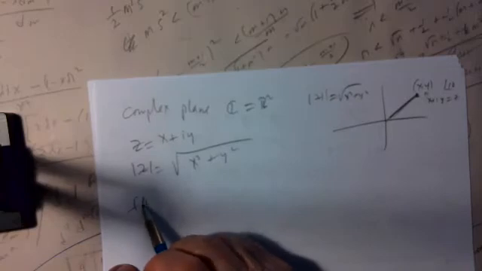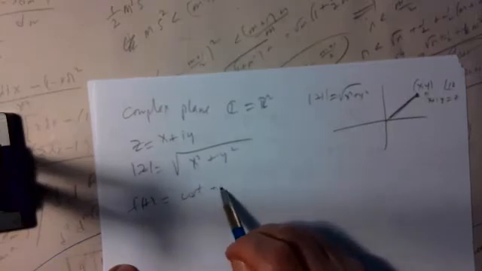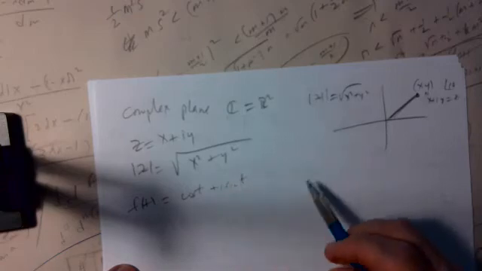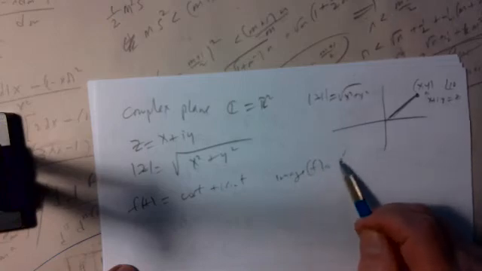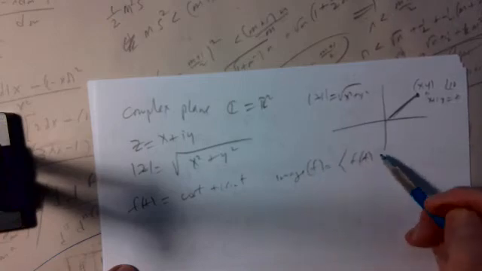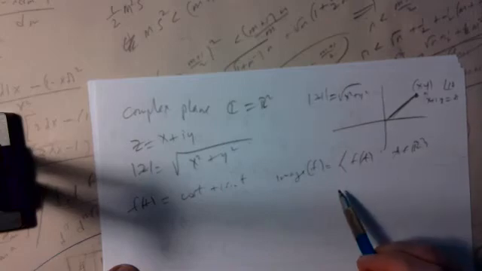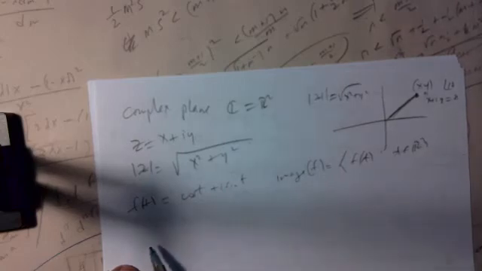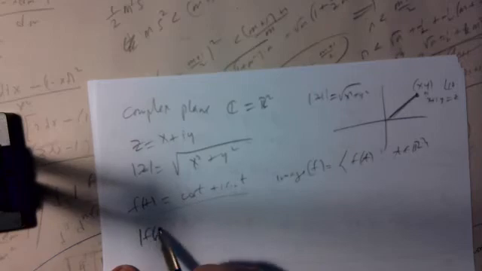So if you take a real number t, f of t is cosine t plus i sine t. The image of f is just all complex numbers f of t for any real number t. So the image of f is all numbers of this form. What's the absolute value of f of t?